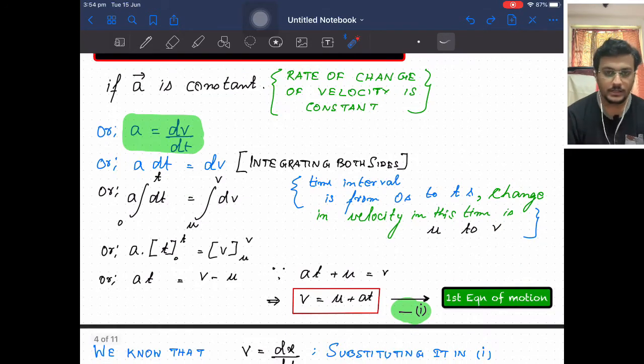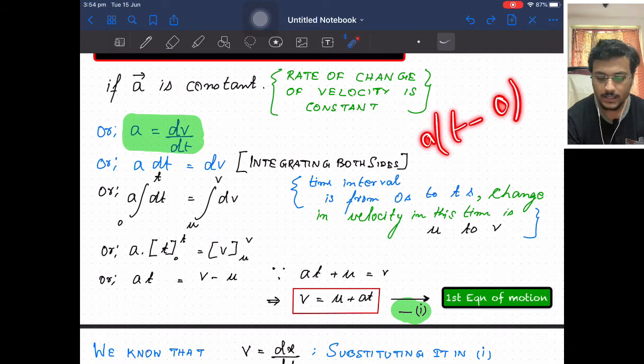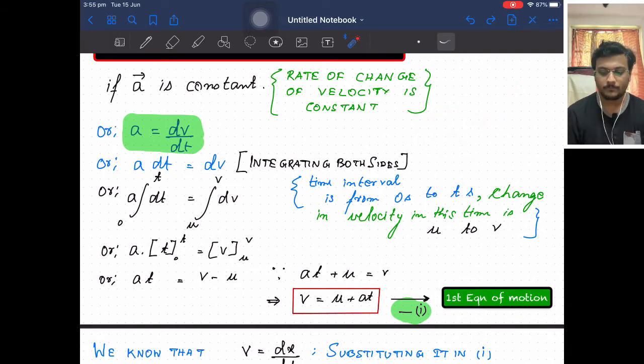Moving on, now integration of a dt, as you have seen, integration of dt is t, and the value is lying between the limits 0 and t. The value of the upper limit is t, so we can calculate it here. Between 0 to t it can be written as a into t minus 0, which will obviously finally give me a into t, which means that on the left hand side we are only left with at.